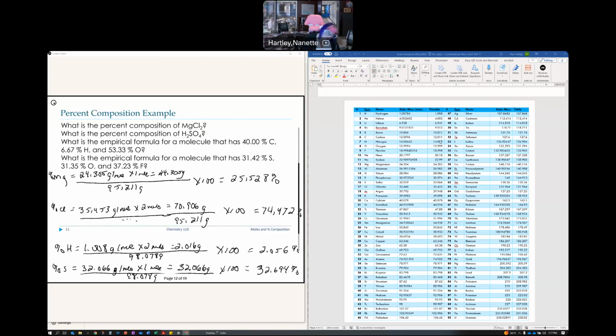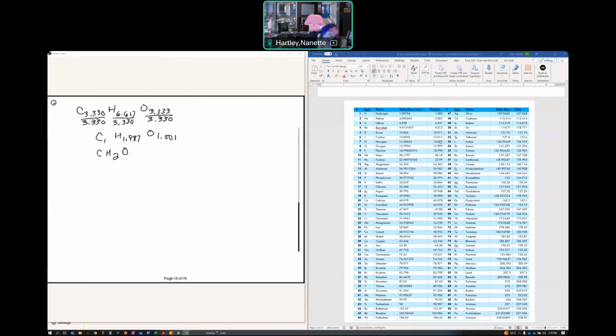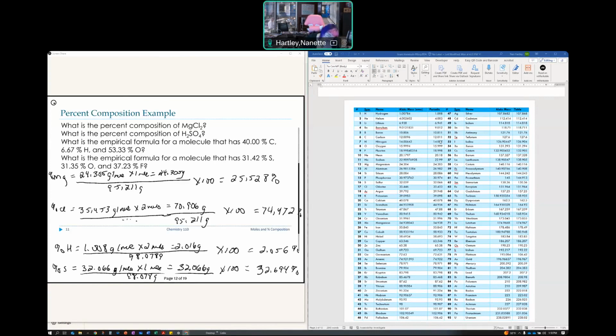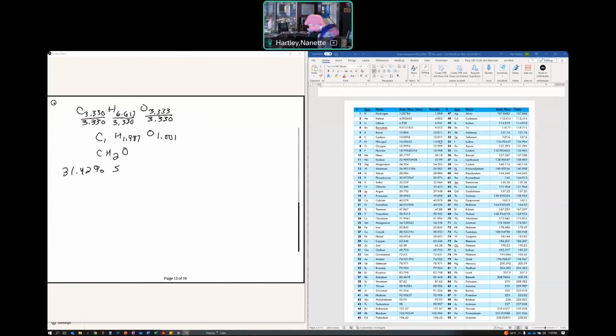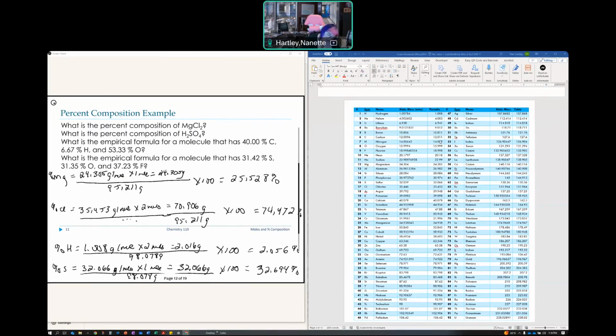Now, what's the empirical formula for a molecule that has 31.42% sulfur, 31.35% oxygen, and 37.23% fluorine?